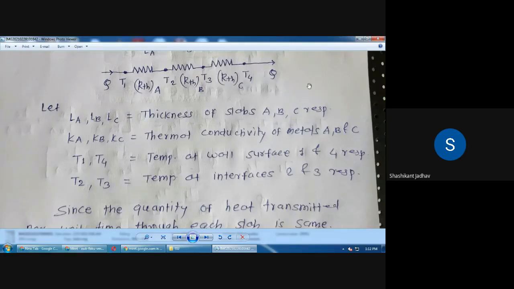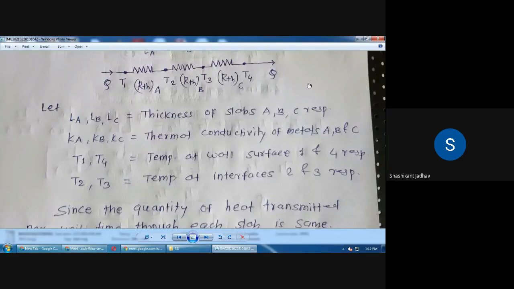The next line, T2, T3 is equal to temperature at interfaces 2 and 3 respectively.